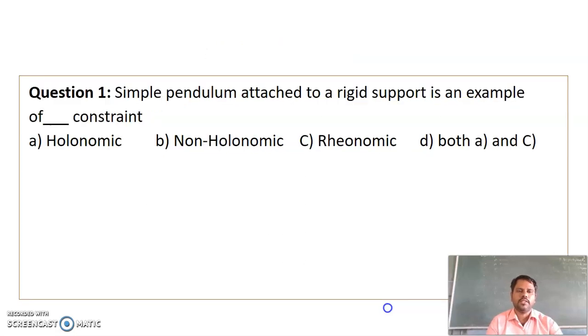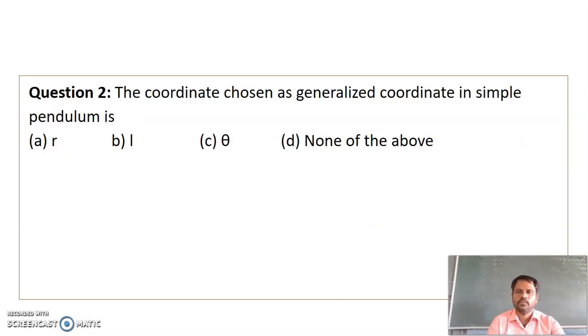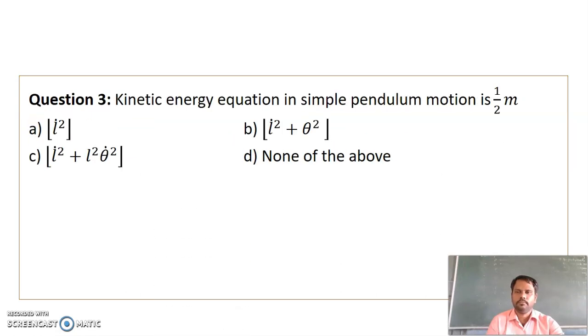Now let's have a small MCQ session. A simple pendulum attached to a rigid support is an example of, since it is attached to a rigid support, so the option is A, holonomic. Question number 2. The coordinate chosen as a generalized coordinate in a simple pendulum is, option C, theta.